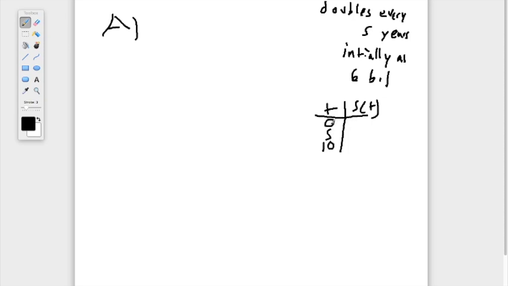We know when you plug in 0, it's going to be 6. So using that, we can already solve for C. Basically 6 equals C e to the k times 0.